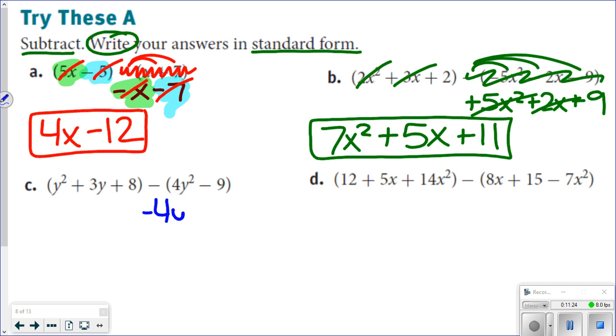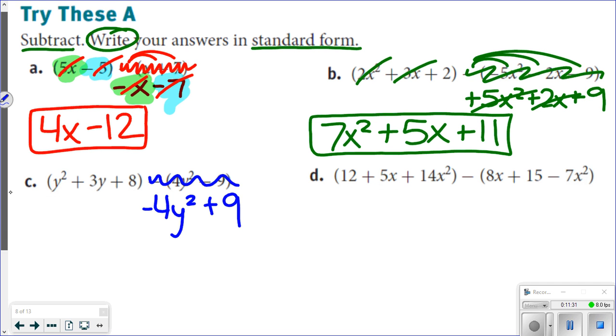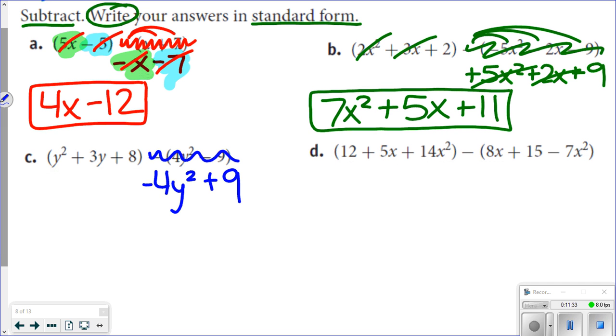Change my signs. Take the time to change your signs so you don't make mistakes. And you can also take the time to rewrite this if that helps you. Okay, and then look for your like terms.